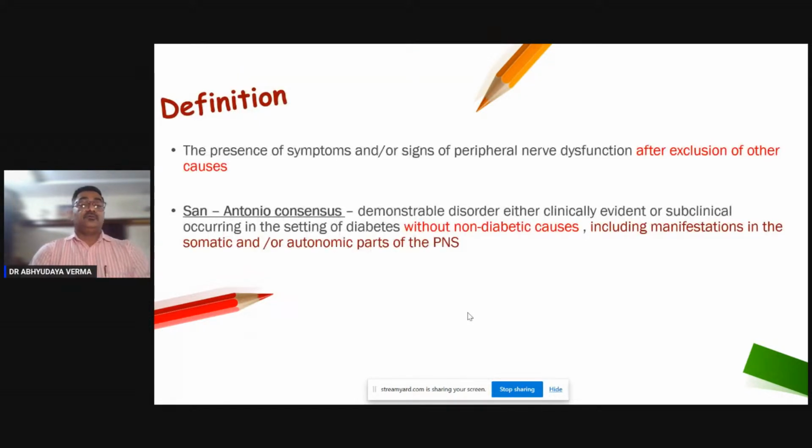So this is basically the presence of symptoms or signs of peripheral nerve dysfunction after exclusion of other causes. So diabetic neuropathy is basically a diagnosis of exclusion. And what the San Antonio consensus says: a demonstrable disorder, either clinically evident or subclinical, occurring in the setting of diabetes without any non-diabetic causes, including manifestation in somatic and autonomic parts of the PNS.